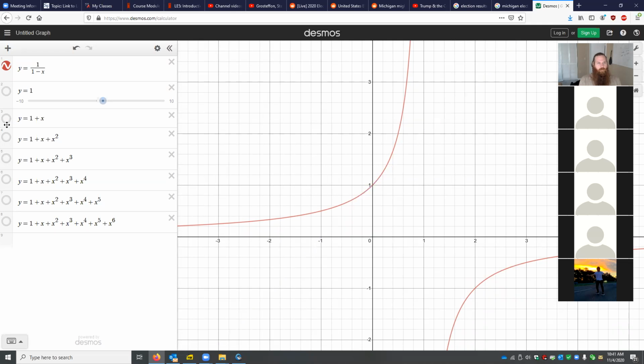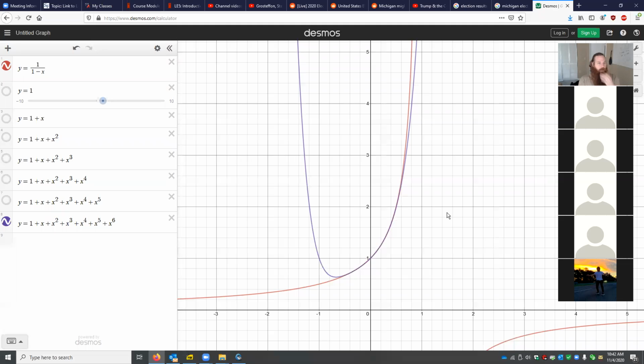Here's my first partial sum, the next one, the next one, the next one, the next one, the next one. You see the purple kind of gluing itself to the red. It's stuck to the red right here. And then everywhere between -1 and +1, the purple is trying to glue itself to the red.